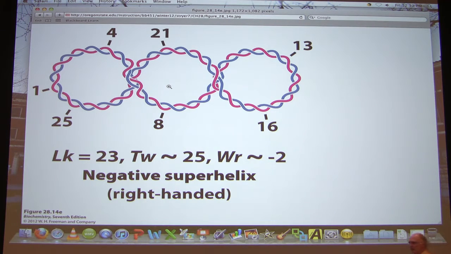So a guiding principle here is if the DNA is at something other than 10, or actually 10.5, base pairs per turn, it's going to have strain on it. And it's going to do something to relieve that strain, which is to try to get back to 10 base pairs per turn. In doing so, it's going to have to writhe in order to make that happen.